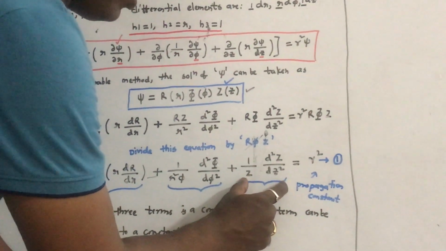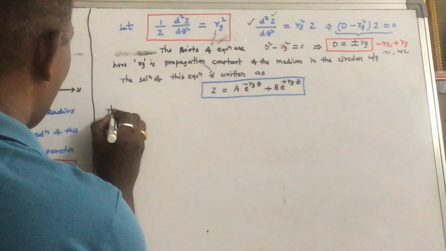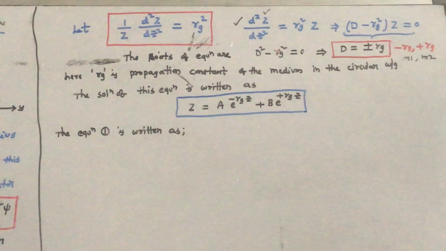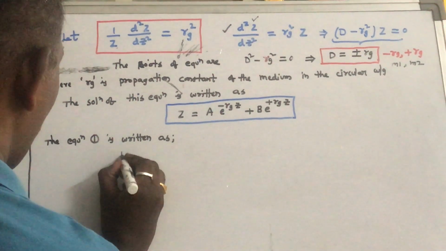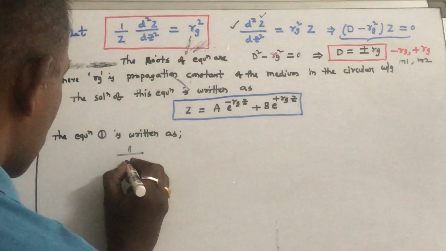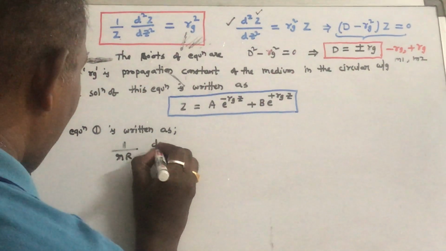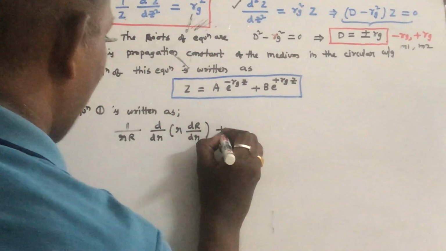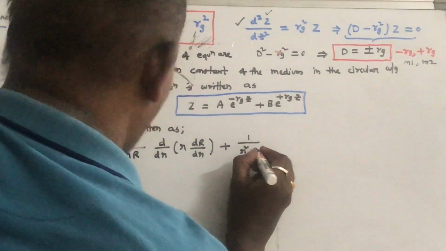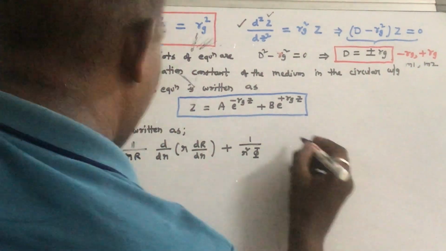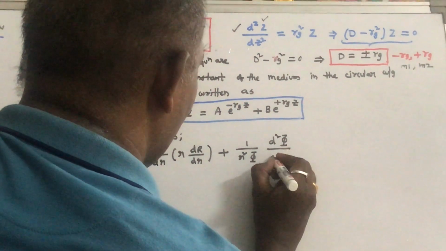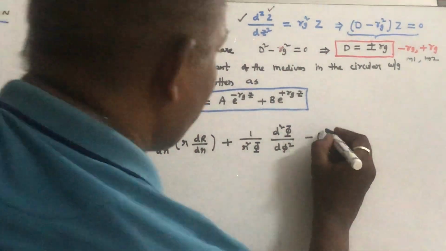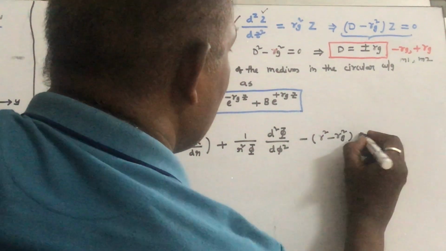By substituting gamma g square here, equation 1 is written as 1 by small r into capital R, d by dr of r into dR by dr, plus 1 by r square into 1 by capital Phi into d square capital Phi by d phi square, minus gamma g square, that is equal to 0.